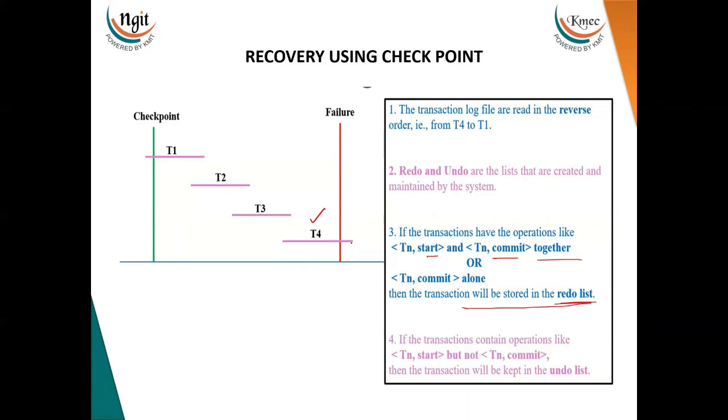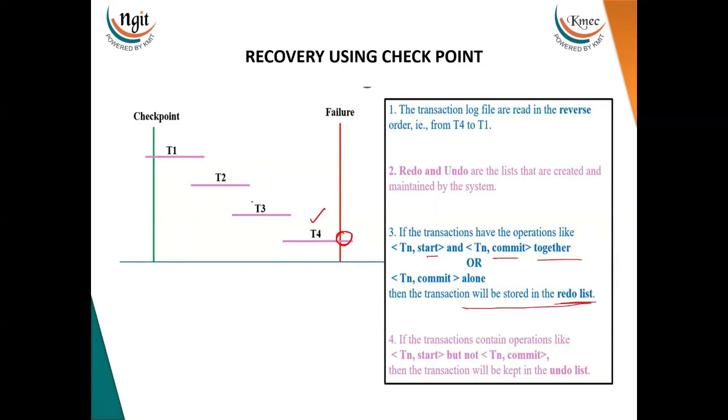If the transaction has operations like Tn start but not commit, T4 has not reached the commit state because it has faced a failure. So in that case, the operations of T4 have to be undone. It has to start its operations again. So T4 will fall under the undo list.